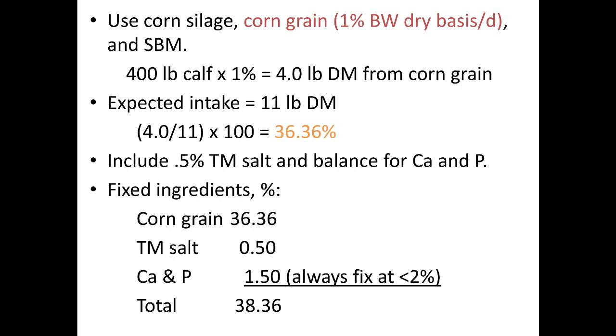We're also told that the trace mineral salt needs to be 0.5% of the diet. We're also told that we need to balance for calcium and phosphorus. And this is where it gets a little fuzzy, but it's not difficult.